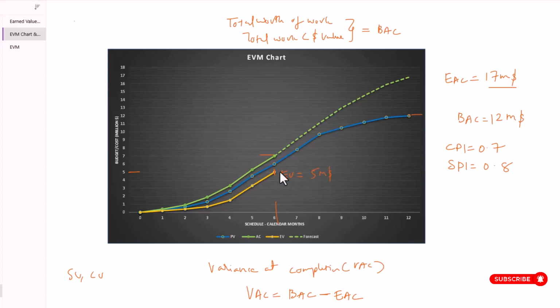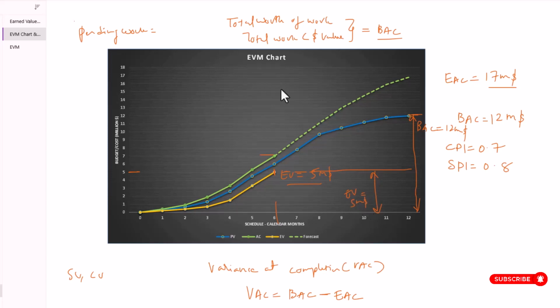Now you know that you have accomplished $5 million worth of work, and the total work you need to accomplish in this project is represented by BAC. If someone asks you the pending work, we need to take the total work, that is BAC, and subtract the EV value. In this case, BAC is $12 million and EV is $5 million.